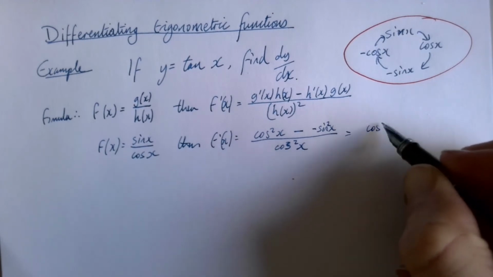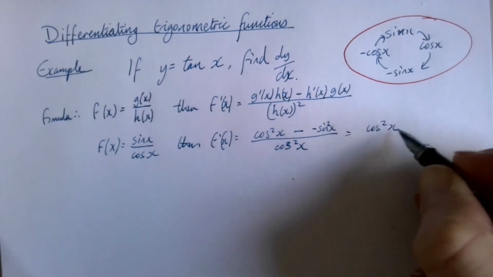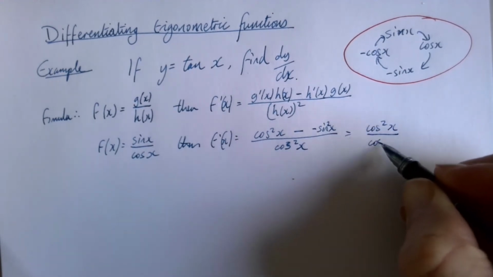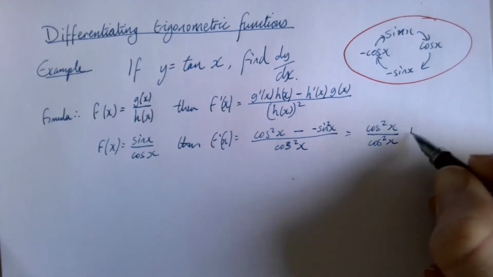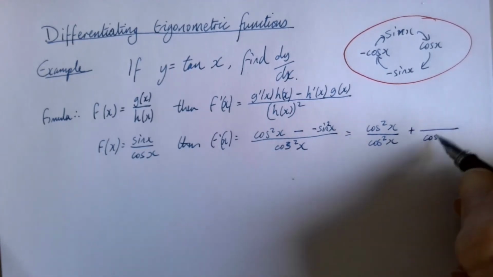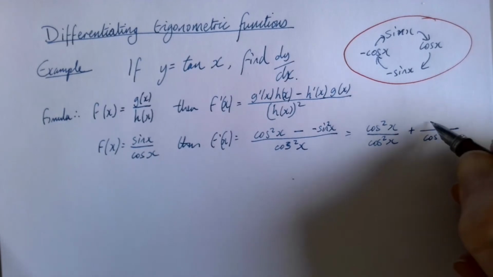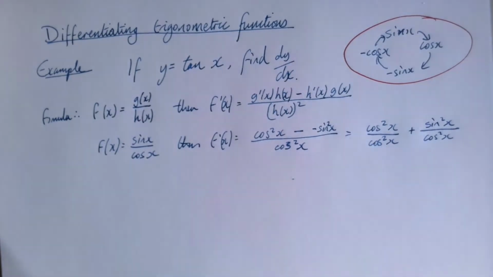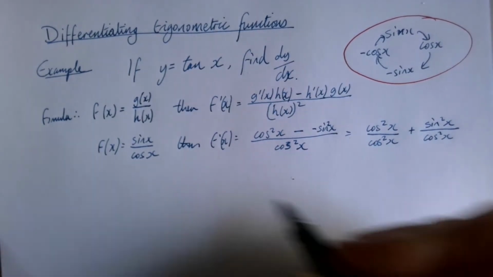So let's just do that, but also let's split this fraction like that, because that allows us to get cos squared x over cos squared x, which is going to be 1, isn't it?